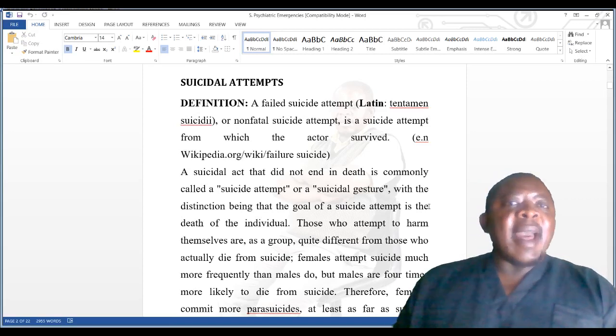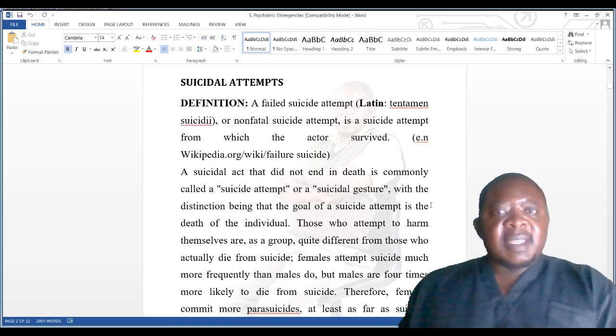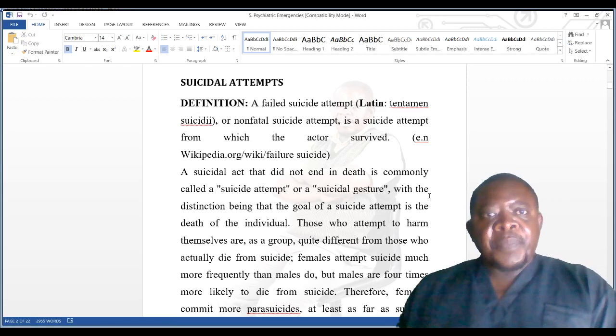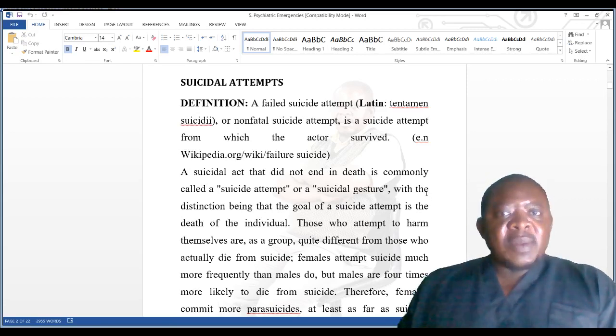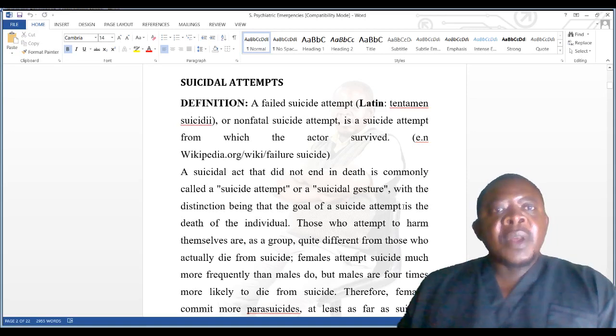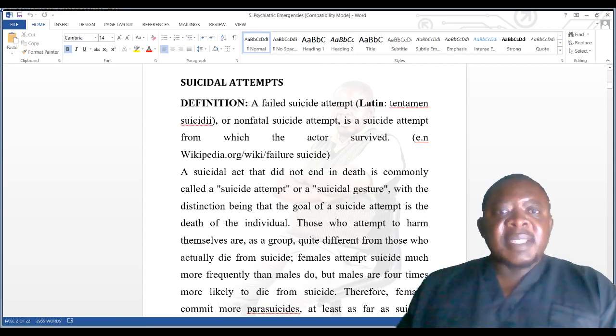Other authors may look at it as a suicidal gesture. Suicidal attempt and suicidal gesture just mean the same. The distinction is that the goal of a suicide attempt is the death of that individual, who has survived.